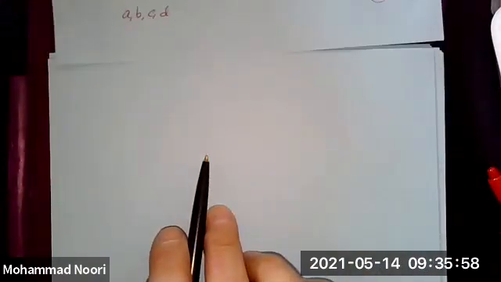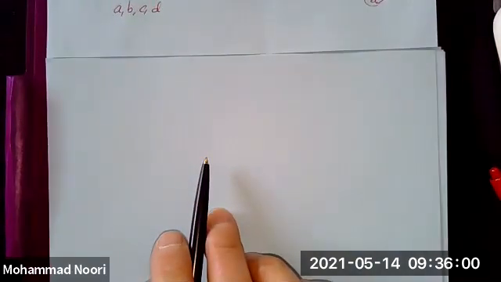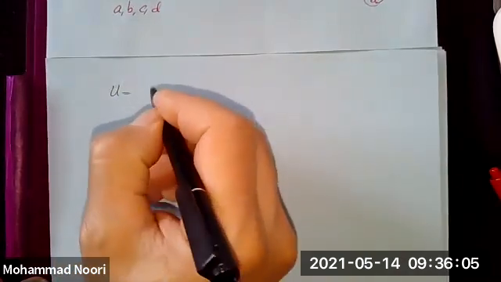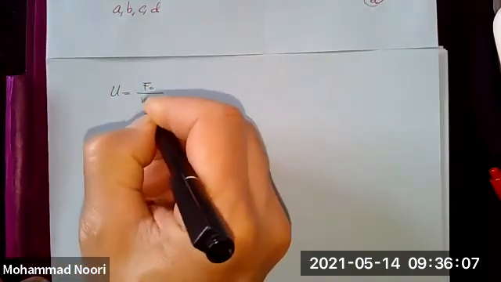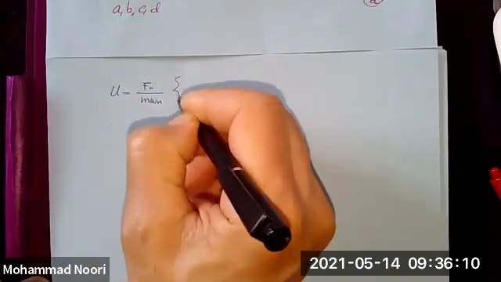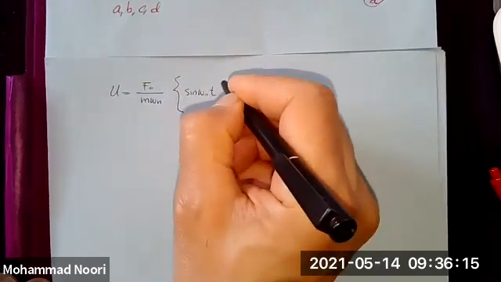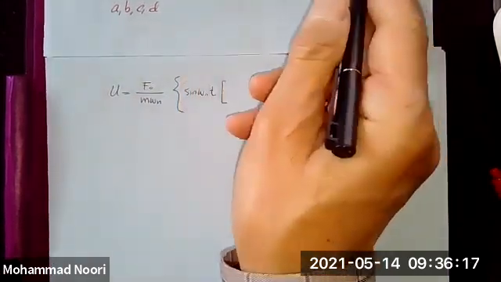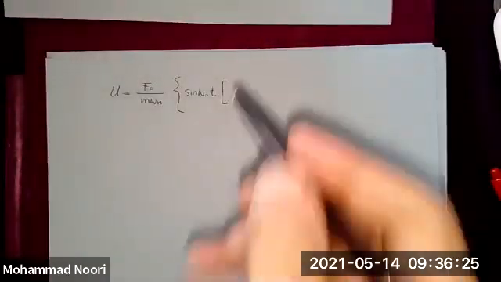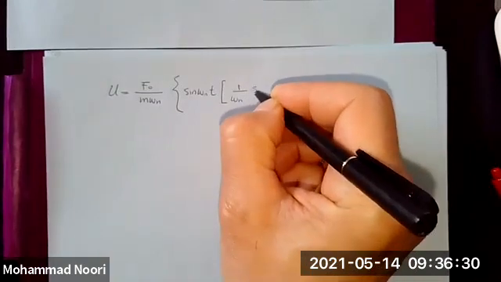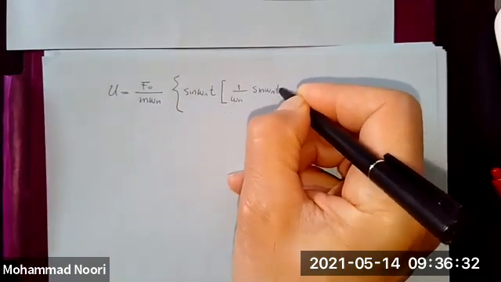I will have u is F over m omega n times sine omega n t times A plus C. This is A and this is C. So that would be 1 over omega n sine omega n t.